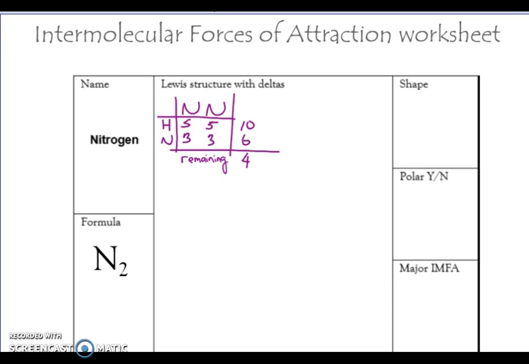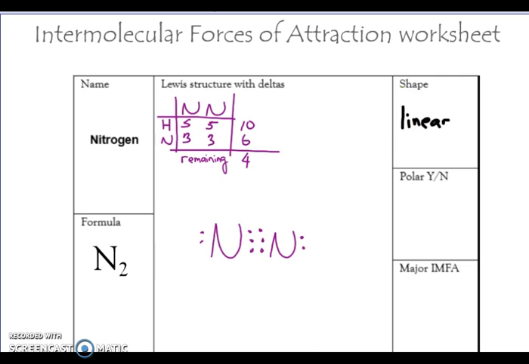When we put 6 electrons between 2 nitrogens, we get this, and then we add our remaining extra 4 electrons, 2 on each, and we end up with a stable octet. Each nitrogen has a stable octet. We now need to consider the shape, and we have 2 things, so therefore it must be linear.